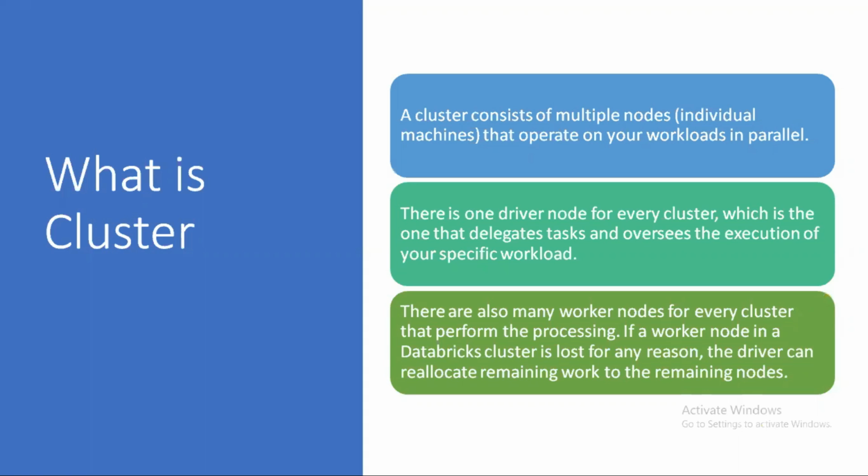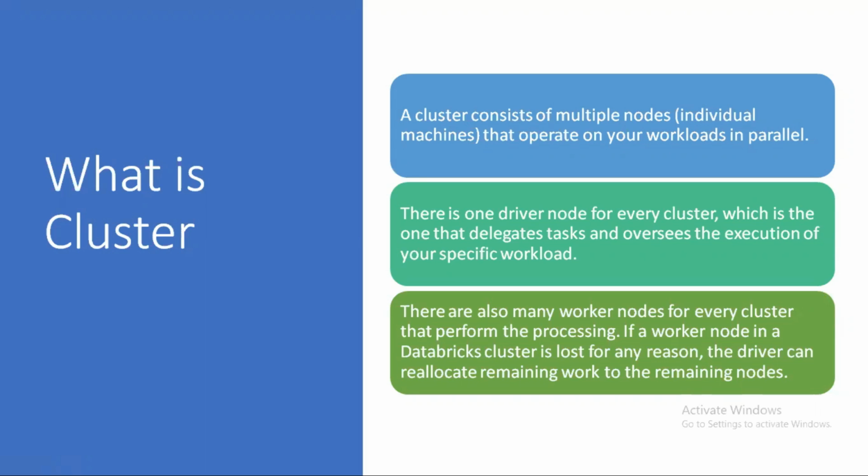Whenever you run any code, you need some machine where you will run it. That's why it is serverless, because you can create a cluster at runtime. So a cluster is nothing but an individual machine, or multiple nodes, you can say multiple machines.